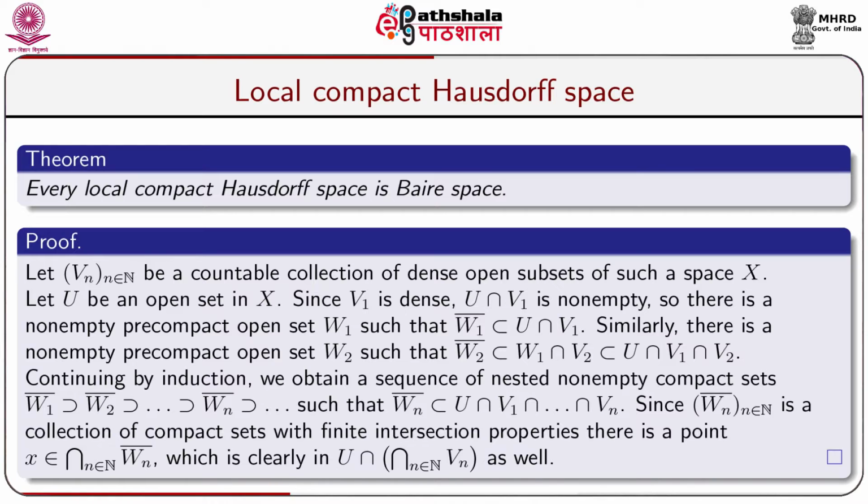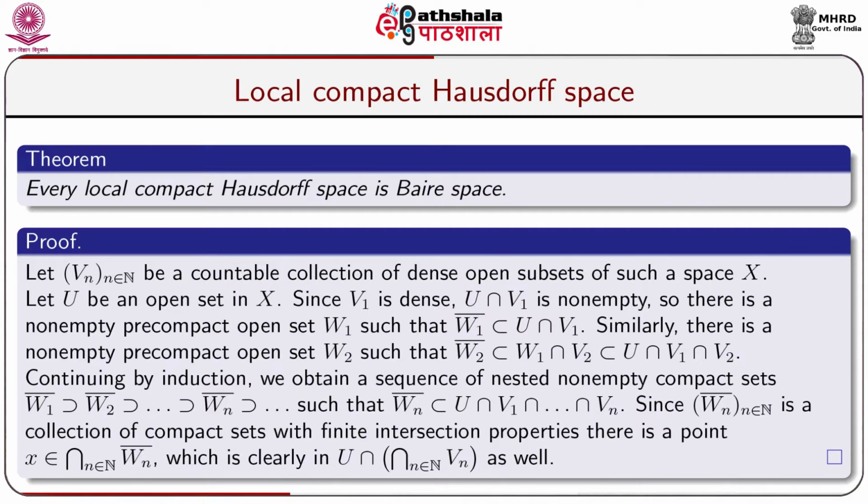Thus, continuing by mathematical induction, we obtained a sequence of nested non-empty compact sets. Closure of W1 contains closure of W2, contains closure of Wn and so on, where closure of Wn is contained in U intersection V1 intersection V2 up to intersection Vn.